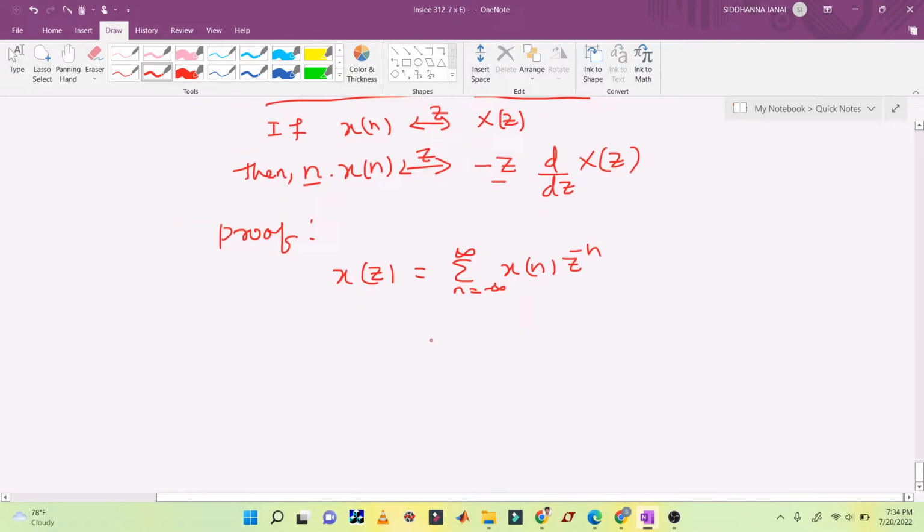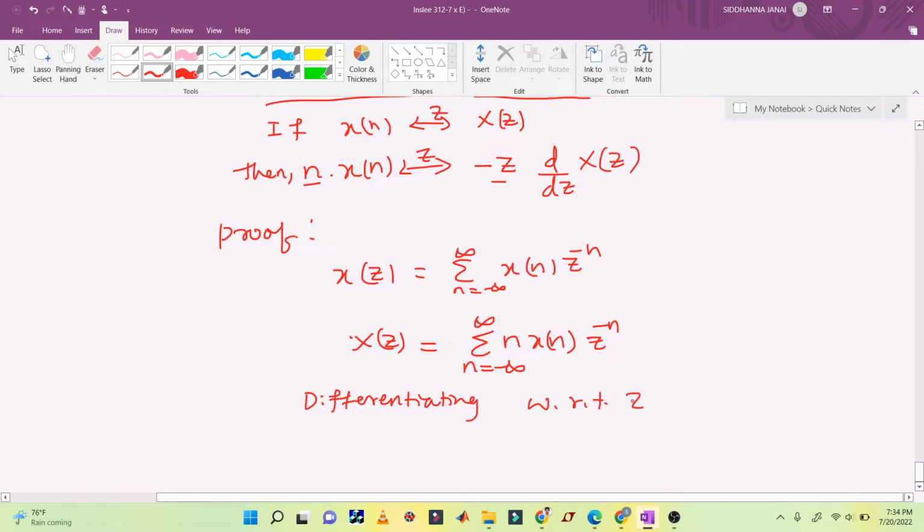Now x of n is multiplied by a ramp function. To prove this, let us differentiate with respect to z on both the sides.